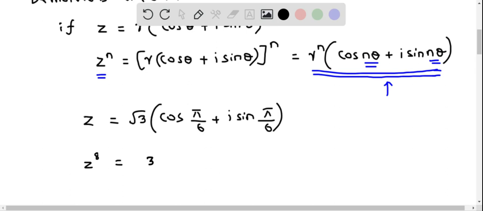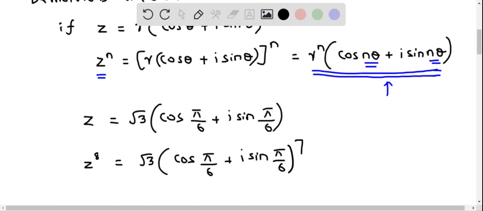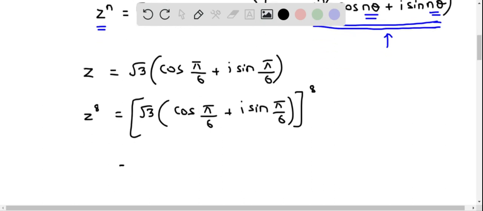So we have to raise both sides to the power of 8. So I write this down as cosine of pi over 6 plus i sine pi over 6, and we raise this to the power of 8, and this equals, when we apply de Moivre's theorem here, n equal to 8.